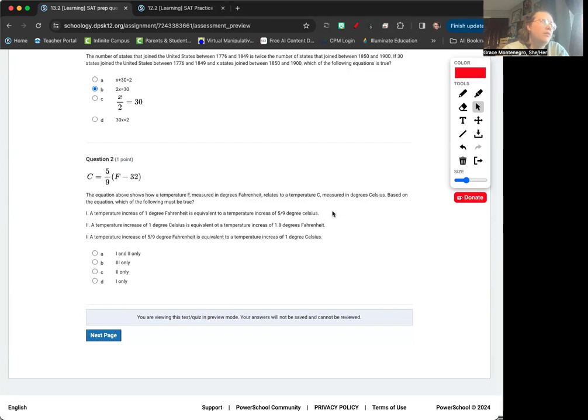No, that's not true. Yes, that's true. Yeah, because if we started at 0, at freezing, which is 32 Fahrenheit, plugging that in, 32 minus 32 is 0. 0 times 5/9 is 0.